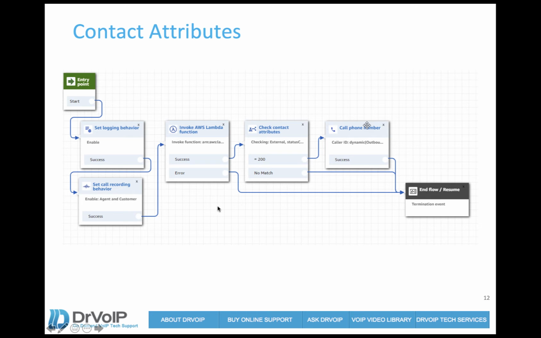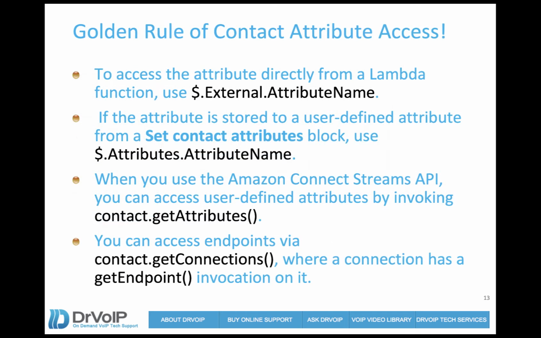So the real takeaway here is that we can check a contact attribute and take action or branch based on that contact attribute. Here are some of the rules, and I have to tell you up front that they're not hard and fast. I can tell you they're good rules to follow, but sometimes it just doesn't work the way it says.